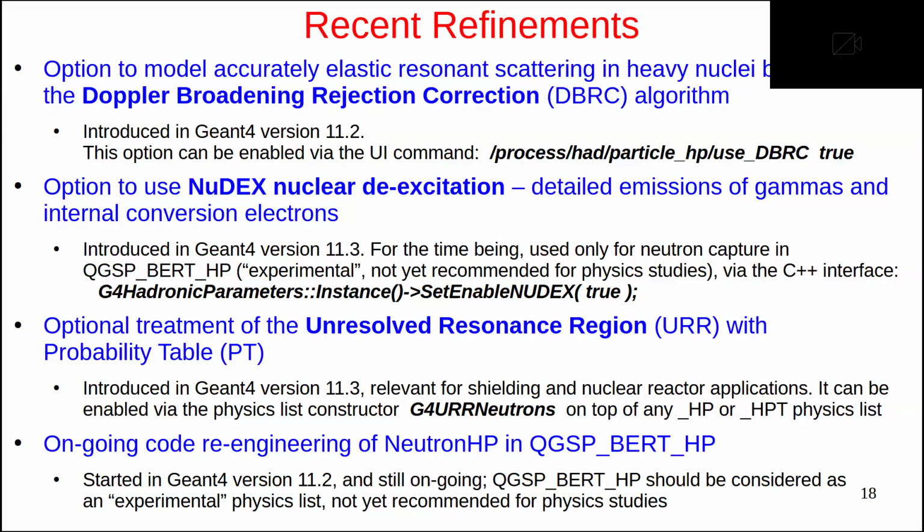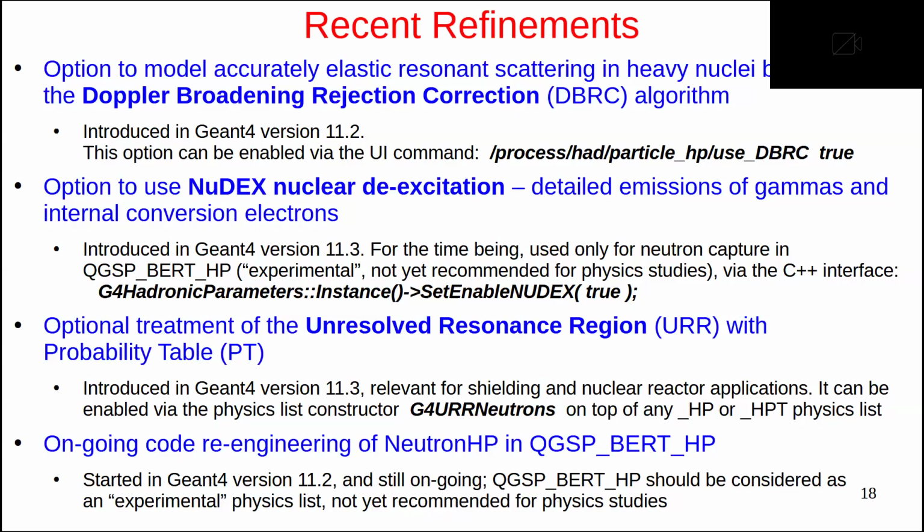Another option, again to be more sophisticated in the treatment of neutrons, is to use NuDEX, nuclear de-excitation, which is a more sophisticated way to describe the nuclear de-excitation after, for instance, neutron interaction, by emission of gammas and internal conversion electrons.